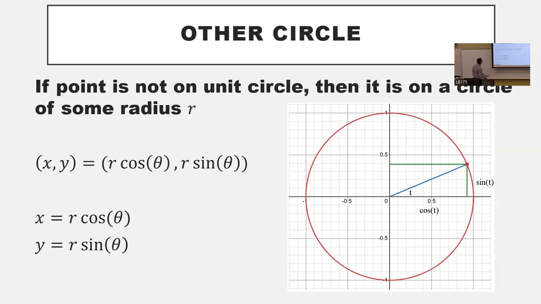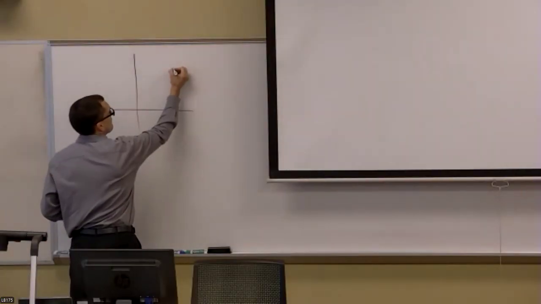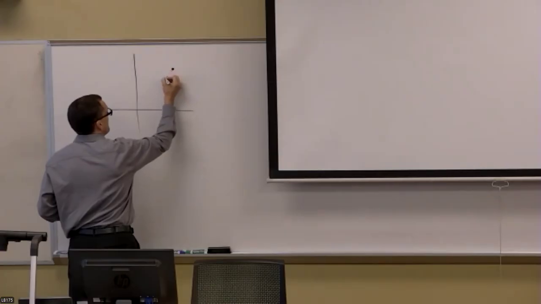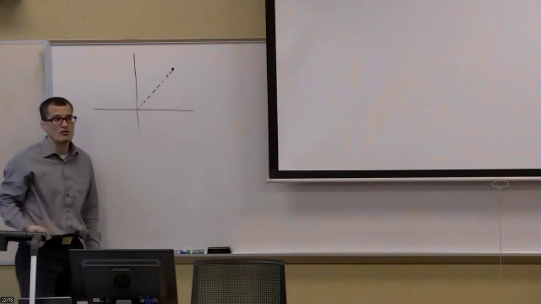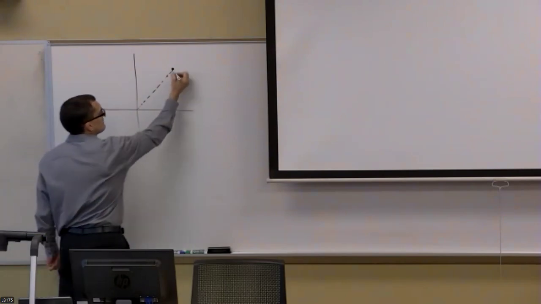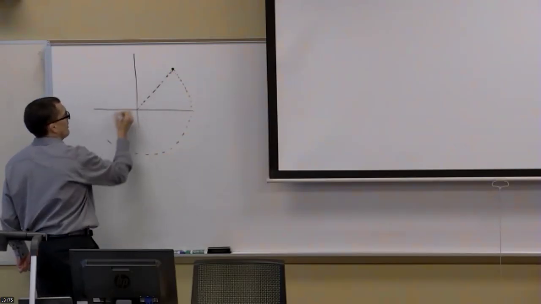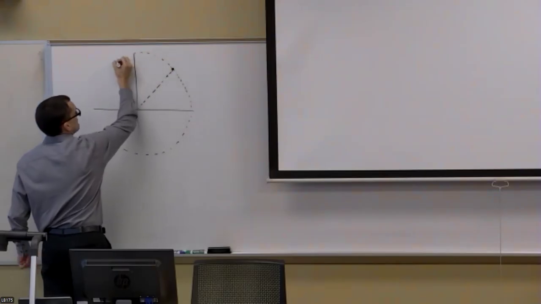And if you think about what that means in general on the Cartesian coordinate plane, any point on the Cartesian coordinate plane is going to be some radius distance away from the origin, right? It's going to be on some circle of radius r for some value of r.